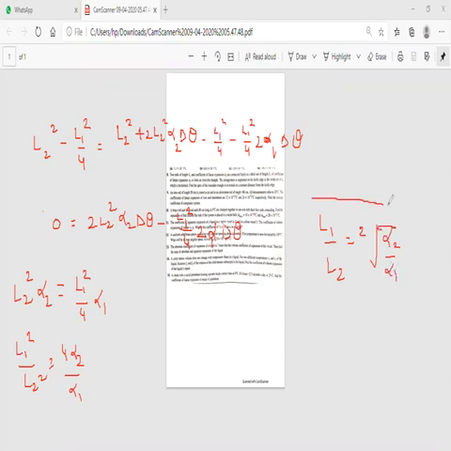So this is the final formula. Finally, the answer is L1 by L2 equal to 2 root over alpha 2 by alpha 1 for x remaining constant. So this is the solution for question number 8.